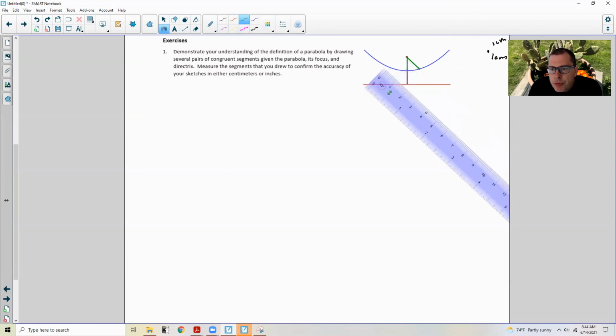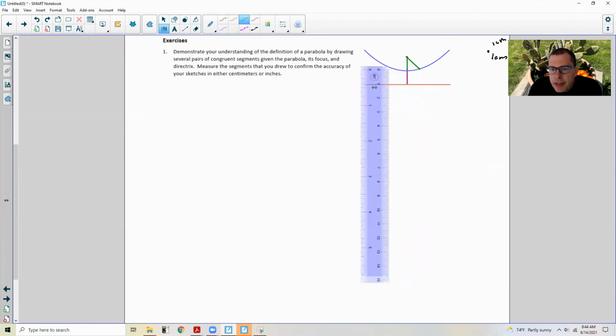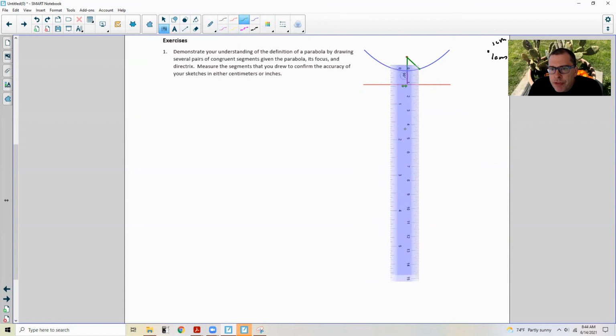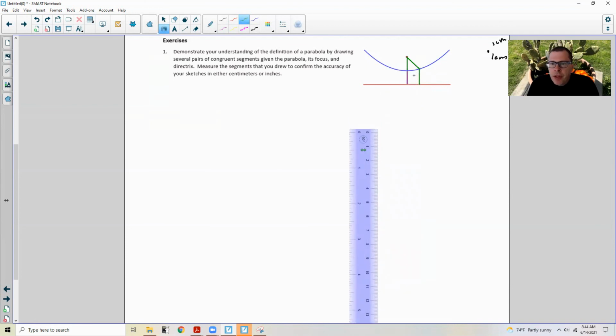Then if I take my ruler and rotate it back like this, and measure from that point down, that is also a distance of 7 millimeters. So this is 7 millimeters, and that's 7 millimeters.